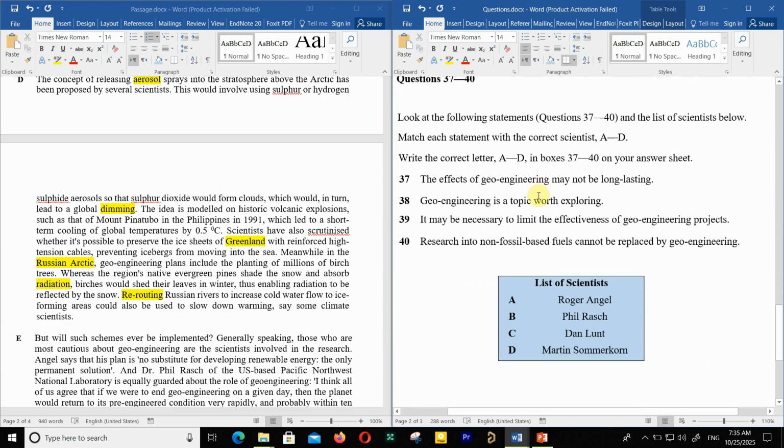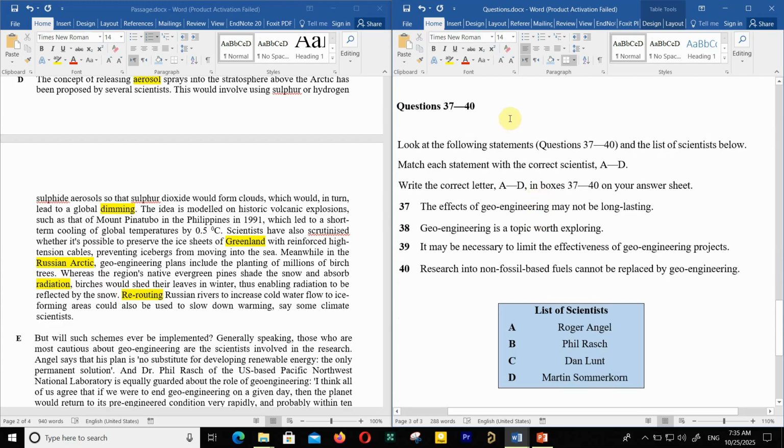Now we're going to move on to questions 37 to 40. For this type of question, we have to find the names of these scientists in the passage, the list of scientists. Here is the list of scientists. And in this type of question, the questions and answers are not in the same order.